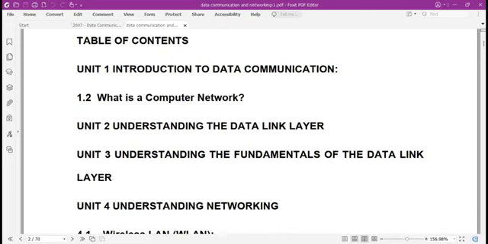Apart from what you have on your study pack, your teachers will also be teaching you from other resources, including myself, as you will notice as we move on. That's why it's required that every student reads and takes note of whatever is being said in their video lessons. Now we will start with Introduction to Data Communication.